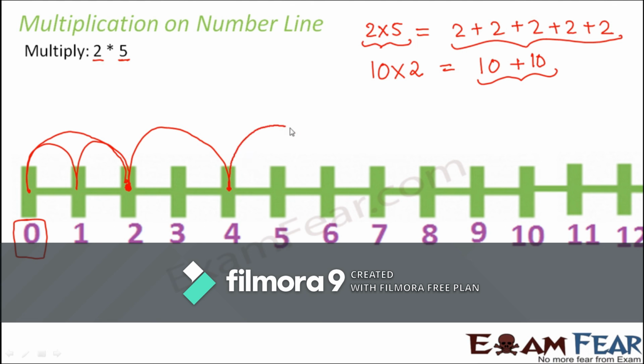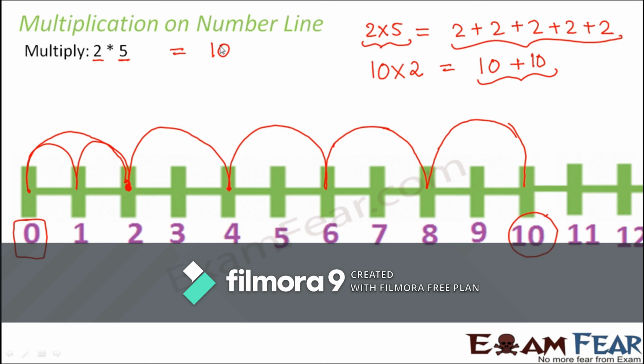You reach 4. Third time, you reach 6. Fourth time, you reach 8. Fifth time, where do you reach? You reach 10. So if you add 2 for 5 times, you will reach 10, which proves that 2 into 5 is 10.